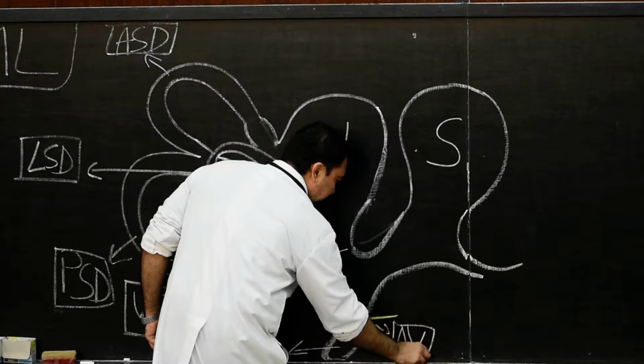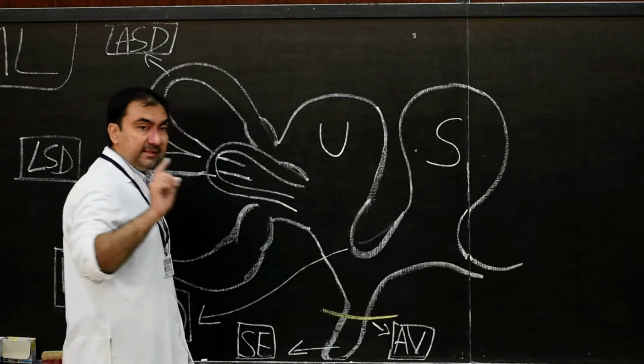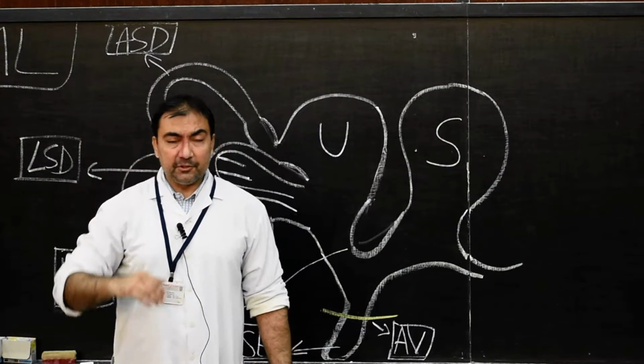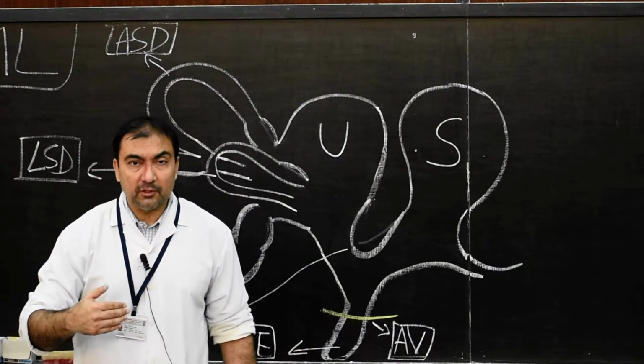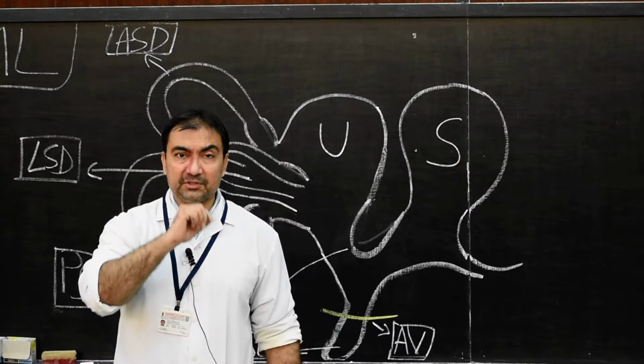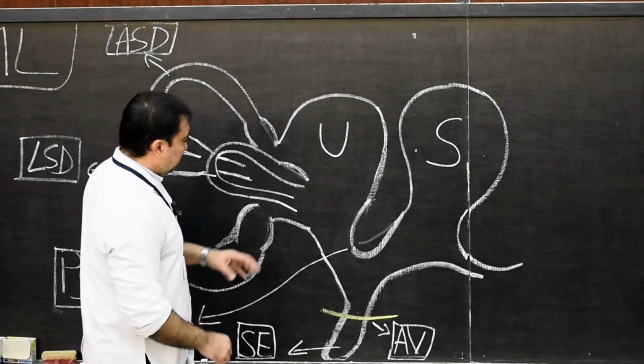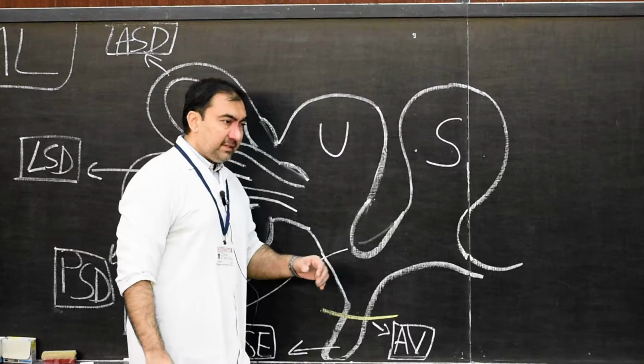And where is aqueduct of vestibule present? That also we have discussed previously. That will be present beneath the dura mater on the posterior wall of petrous portion of temporal bone, behind the opening of internal acoustic meatus. So therefore, what is the fluid that is flowing through this membranous labyrinth?